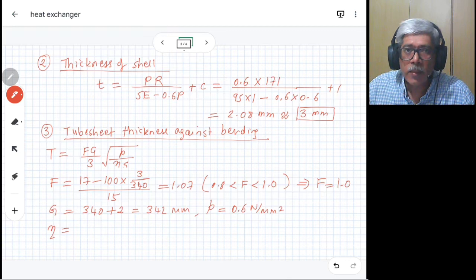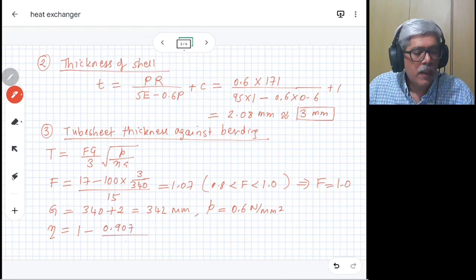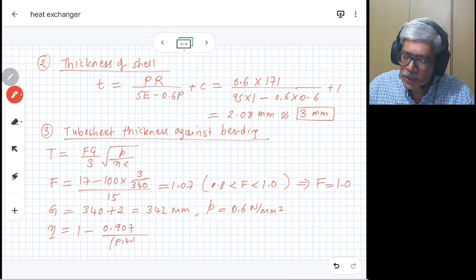The efficiency, the ligament efficiency of the perforated plate, which is represented by the tube sheet, for a triangular case is given as 1 minus 0.907 divided by pitch by OD, the whole square.